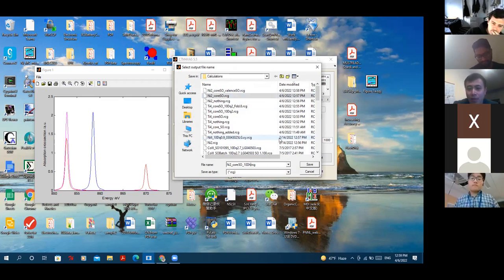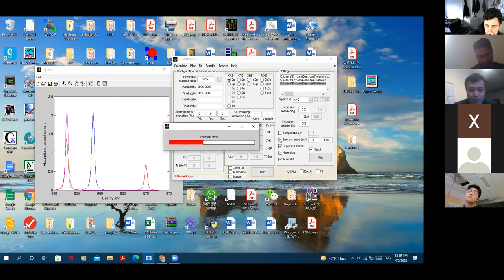Then you have the EG lowered by 6 DQ and the T2G increased by 4 DQ. So if you're curious about why it's 10 DQ, it simply has the spectroscopy origin.